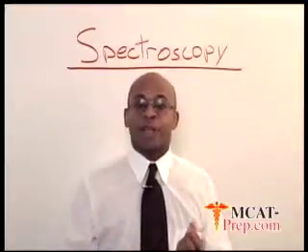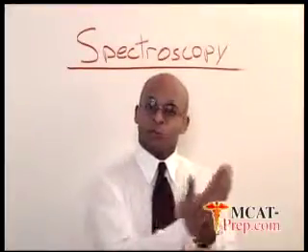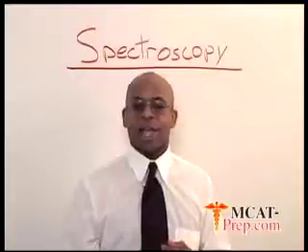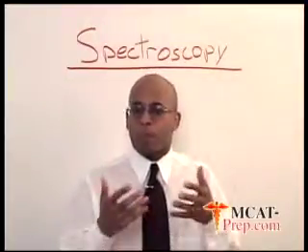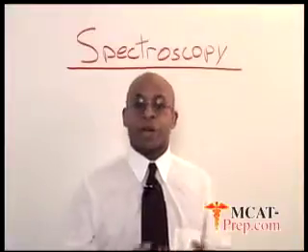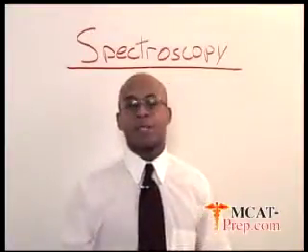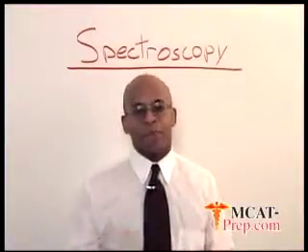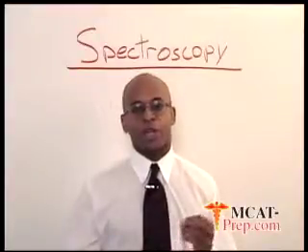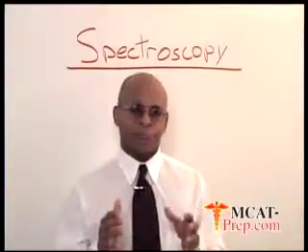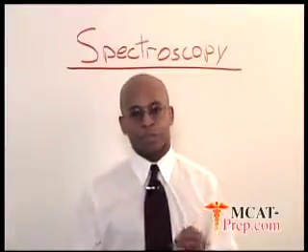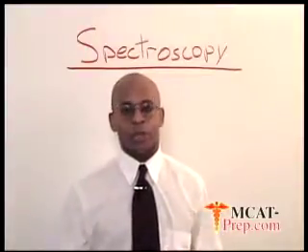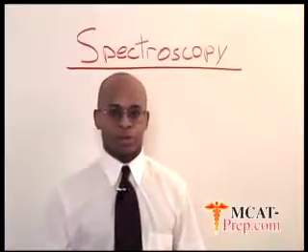That would be the transmittance. So you can look at the transmittance, and then you would be able to determine what areas or parts of the infrared spectrum were absorbed by the particular substance. And that provides information regarding functional groups. And that is very important to memorize. Infrared spectroscopy provides information regarding functional groups.